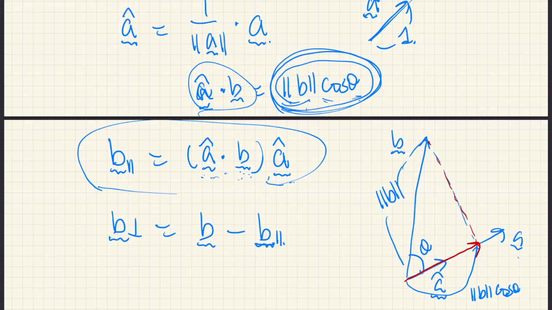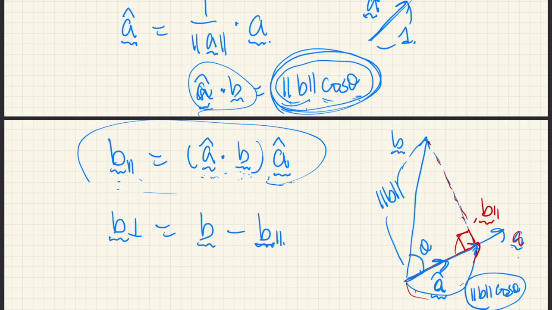So this is B parallel. Okay, so this is the right angle actually. So right angle here. So we project vector B onto vector A. And that vector is defined to be B parallel. Okay. So this unit vector A hat is scaled by this much, and that is B parallel.